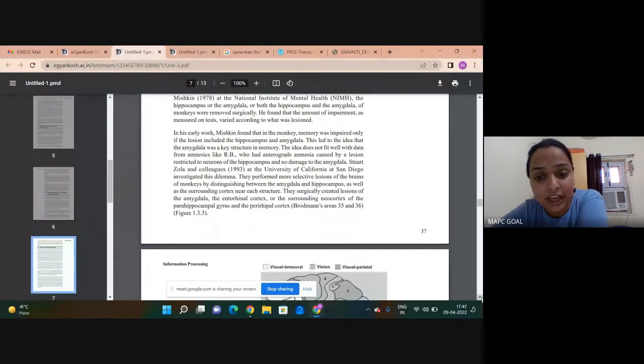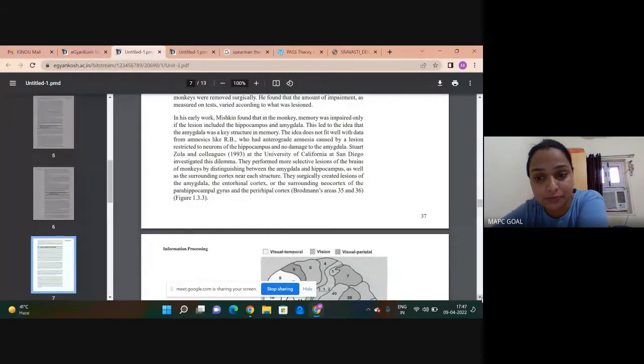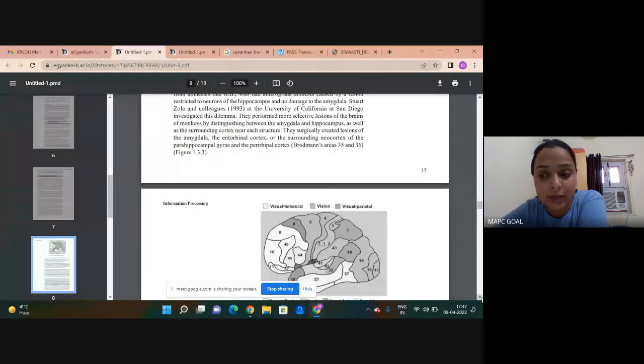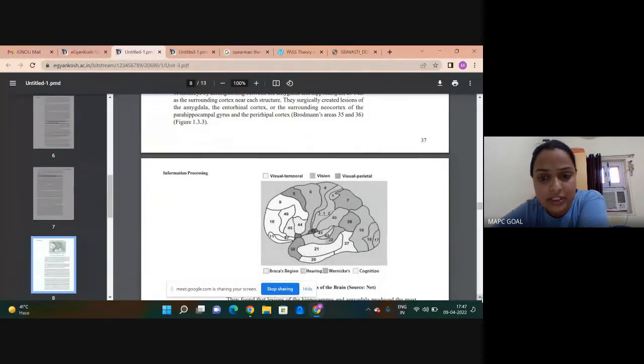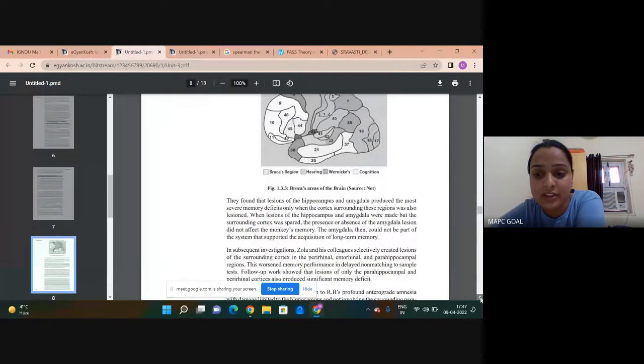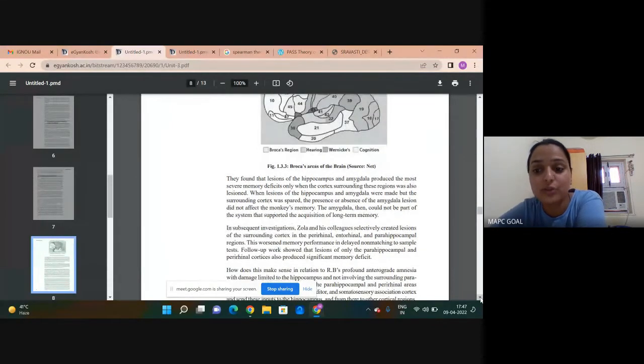So we don't have a single brain region where impairment could be caused. This is what the different researchers have found, that various brain areas are responsible for memory impairment. It's not just the hippocampus or amygdala; it could be other surrounding brain regions near the hippocampus and amygdala.